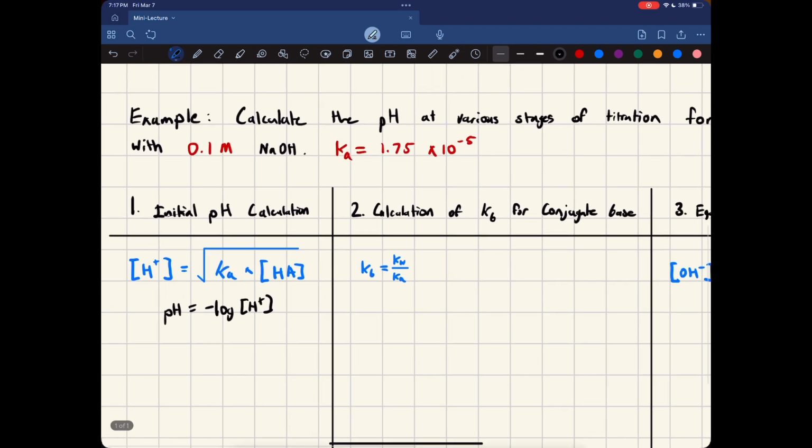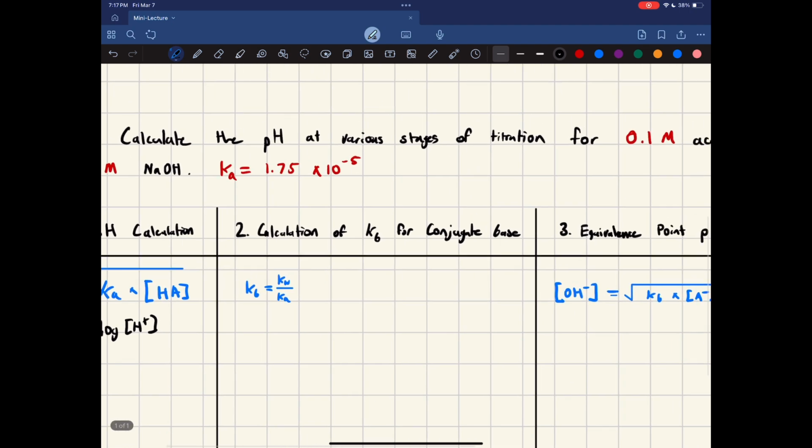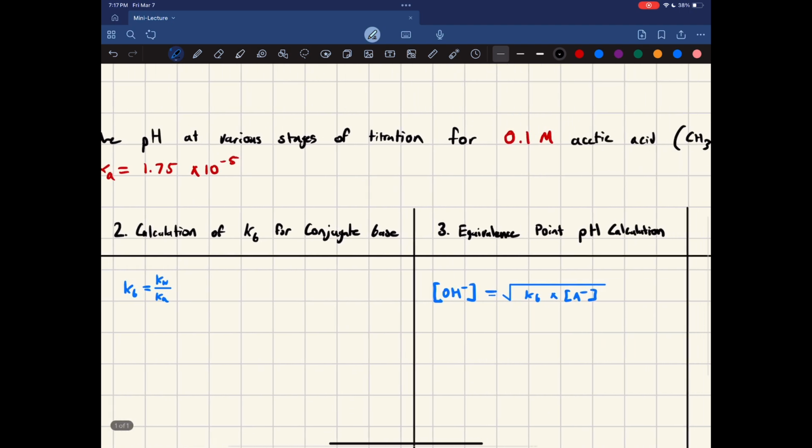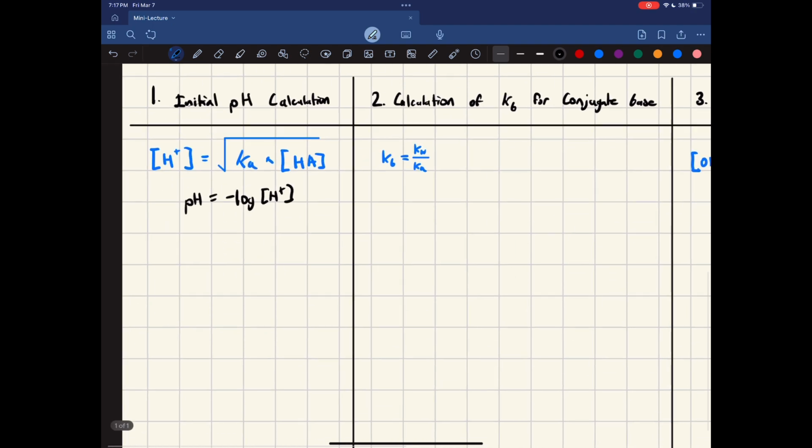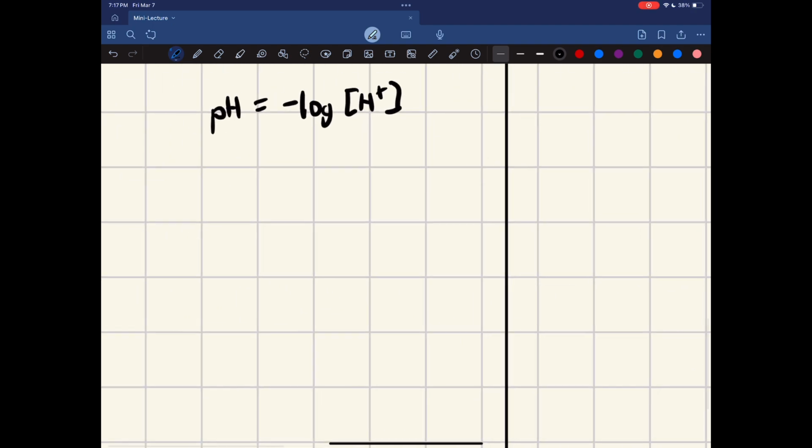Alright, so now we just substitute the values that were given. We have the Ka right here, and we're also given the concentration of the acid, 0.1. Let's put this in.